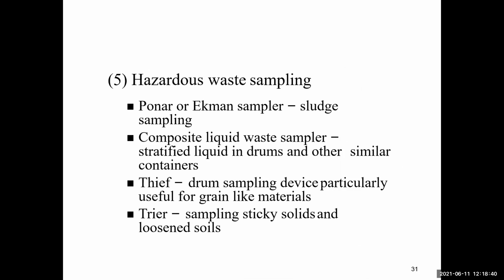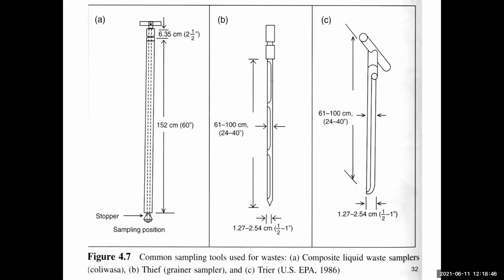So which type of equipment is used for hazardous waste sampling? This is the sampling position. The height is 152 centimeter, 60 inch. This is a composite liquid waste sampler, a thief grain sampler, and a trier.